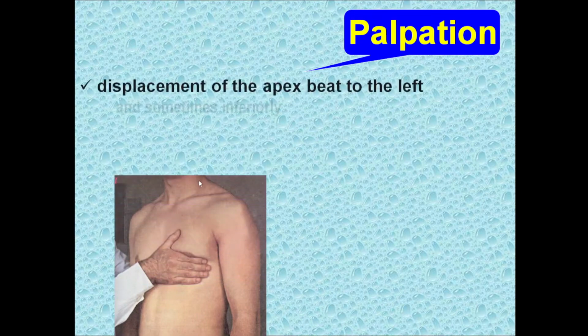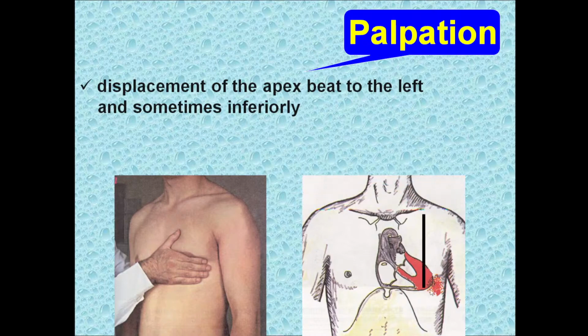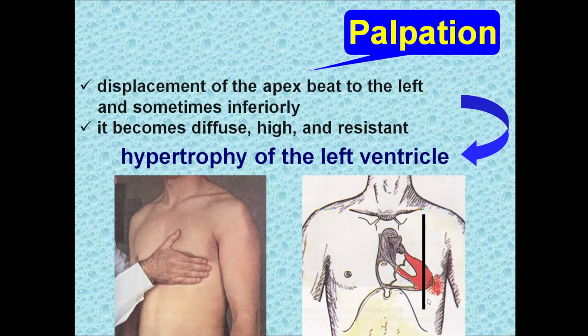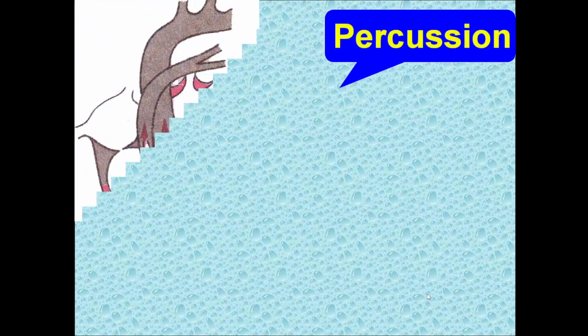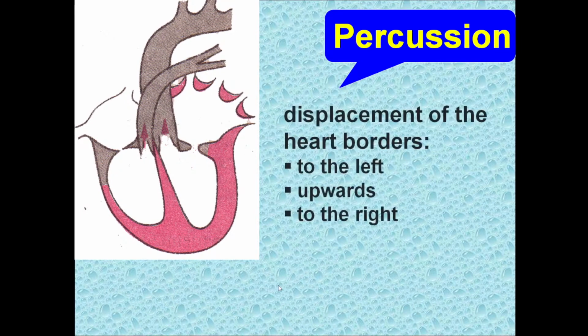On palpation, we will reveal displacement of the apex beat due to the hypertrophied left ventricle. It's displaced laterally from the mid-clavicular line, becomes diffuse, high, and resistant. On percussion, we reveal displacement of all heart borders.